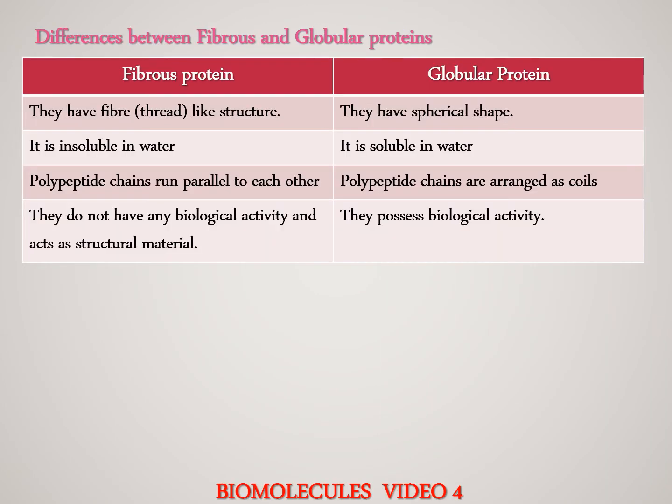Let us understand the basic differences between fibrous and globular proteins. Fibrous proteins have a thread-like structure. Globular proteins have a spherical shape. Fibrous proteins are insoluble in water, whereas globular proteins are soluble in water.